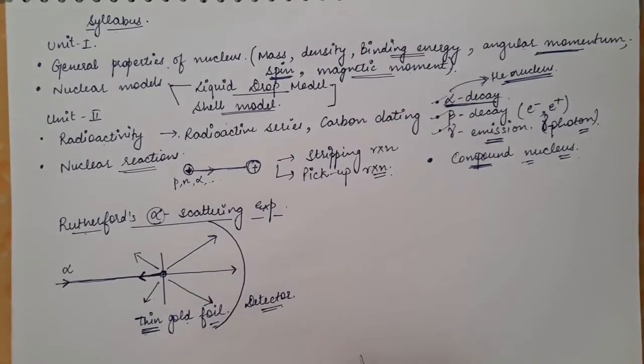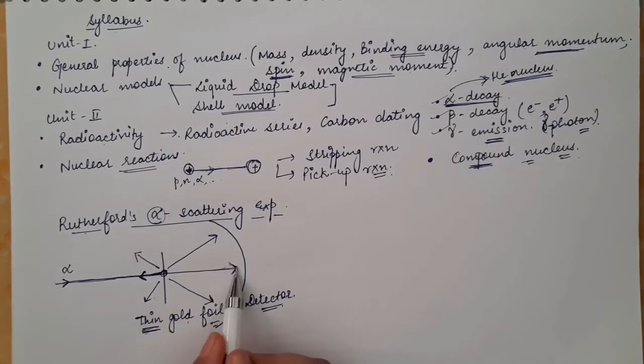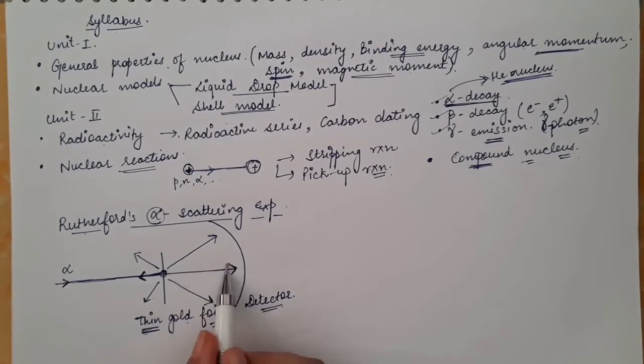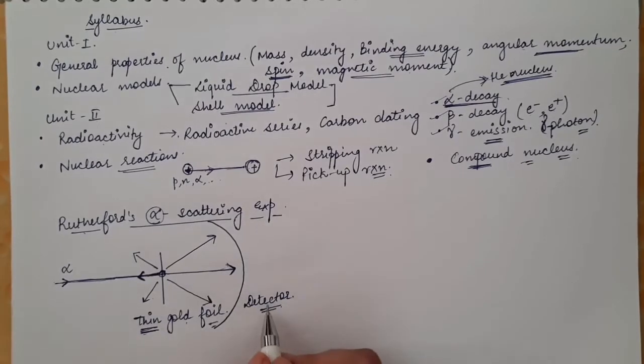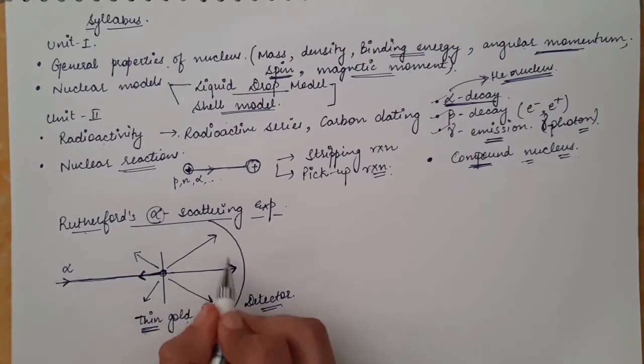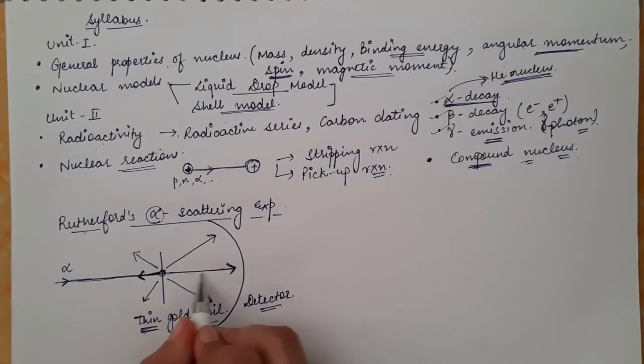Now what was the need of the detector? Since the alpha particles are not visible to us, we need to find at what angles the alpha particles are scattered and how many alpha particles scatter at a particular angle. That's why we need to place a detector here.